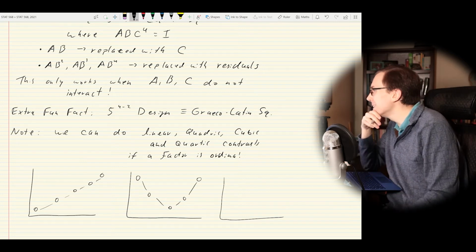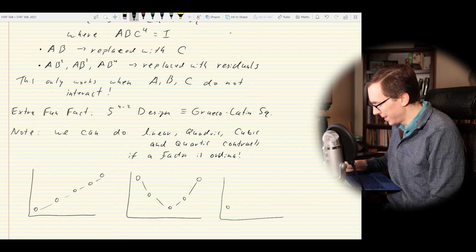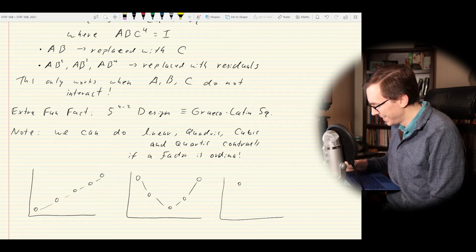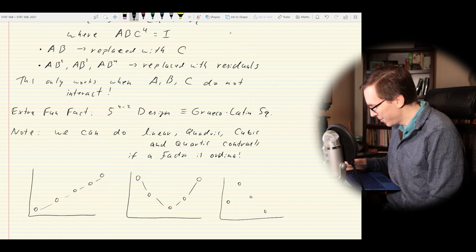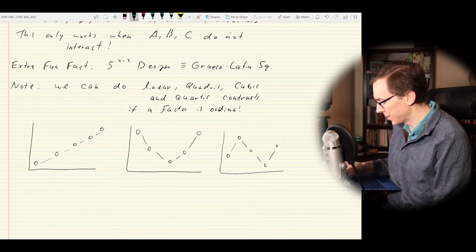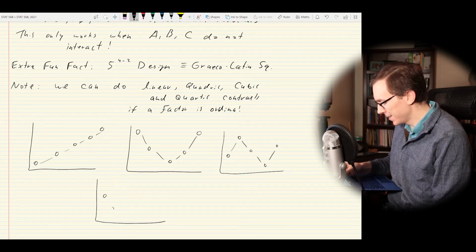I guess in this case, looking at the formula, it's going to look something like 1, 2, 3, 4, 5, something kind of like this. And then the last one would be the quartic one, which is just going to look like a bunch of ups and downs. 1, 2, 3, 4, 5.